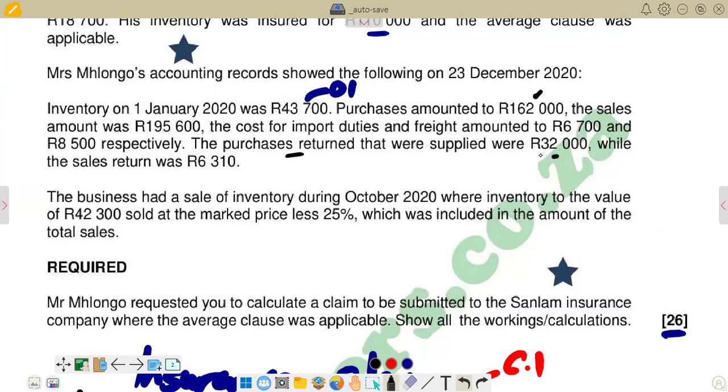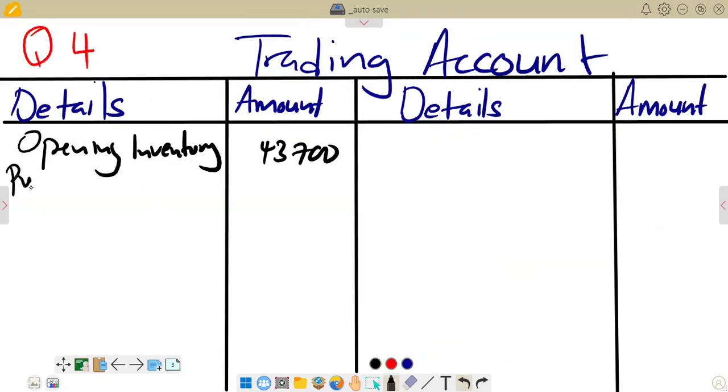So we are going to subtract 32,000 from the figure of 162,000 so that we get the net figure. So we say purchases, in brackets 162,000, then we subtract 32,000. If you do that, you are going to get 130,000.